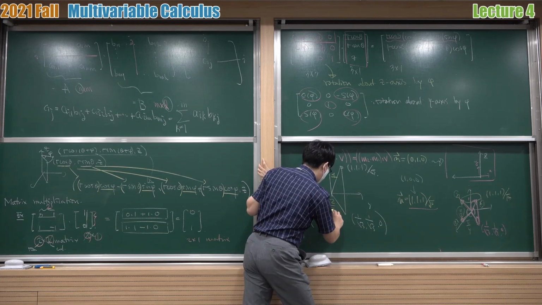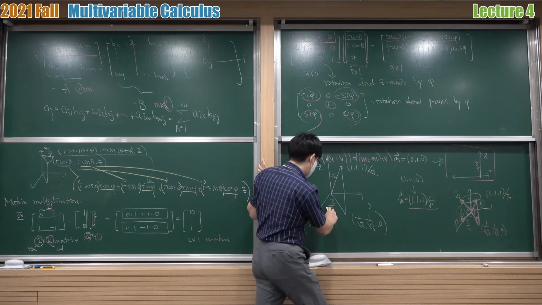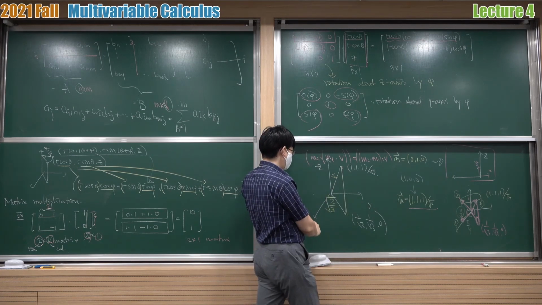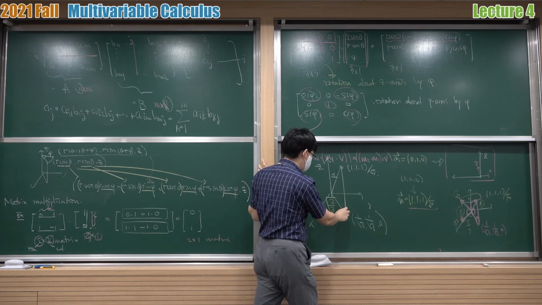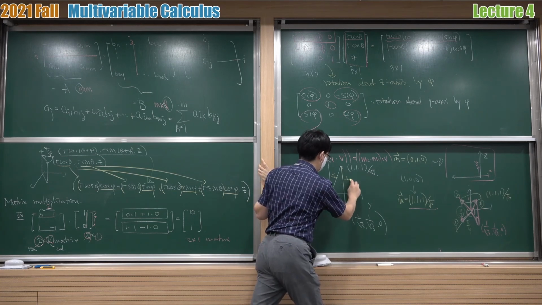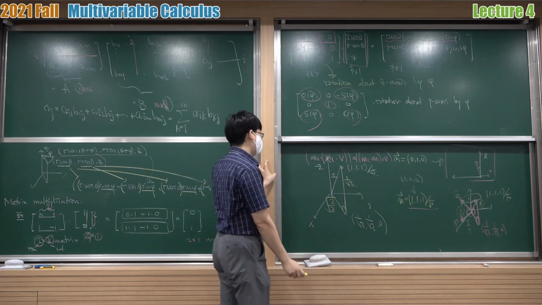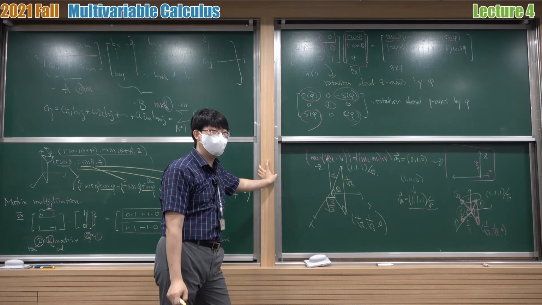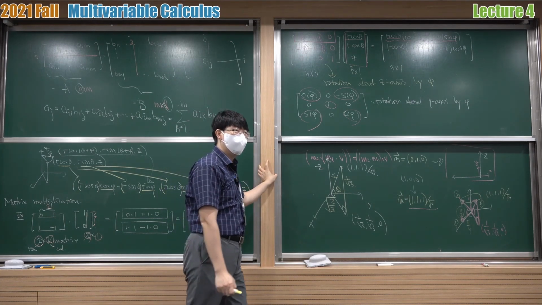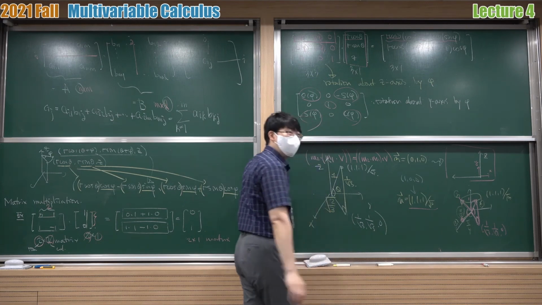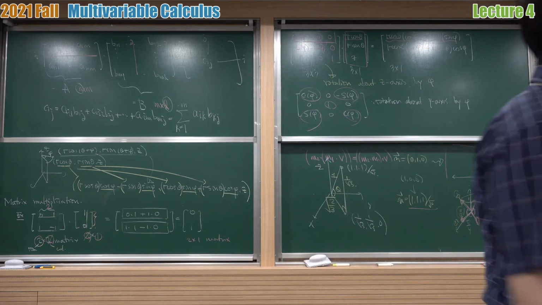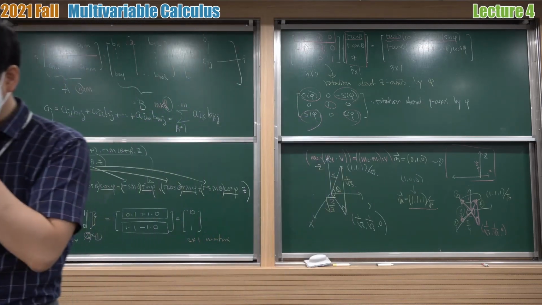Square root of 2 over 3. Yes. How about this? Actually, we don't need this, but anyway. 1 over square root of 3, right? We want this angle. What's this? Arc cosine. You have to use arc cosine.